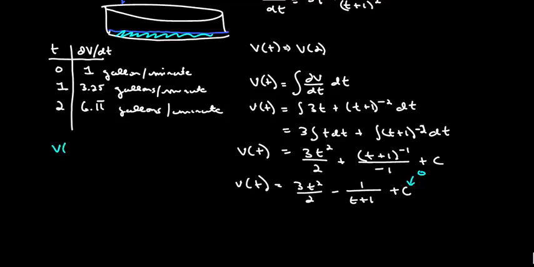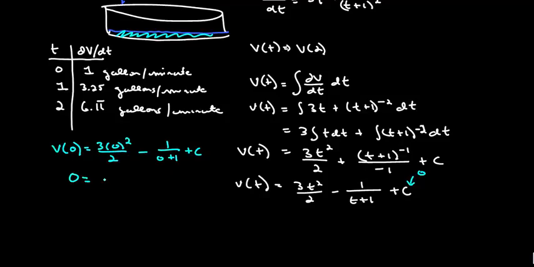So that means the volume at 0 is equal to 3 times 0 squared over 2 minus 1 over 0 plus 1 plus c, and the volume at 0 is 0.